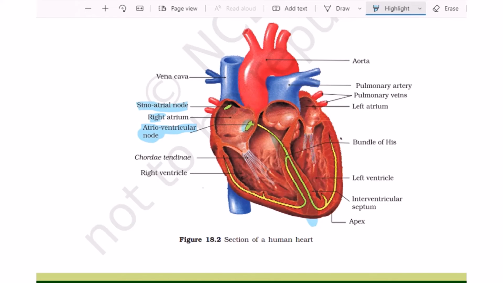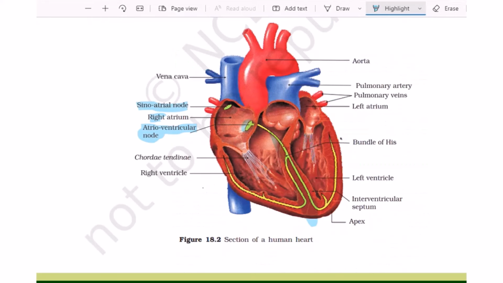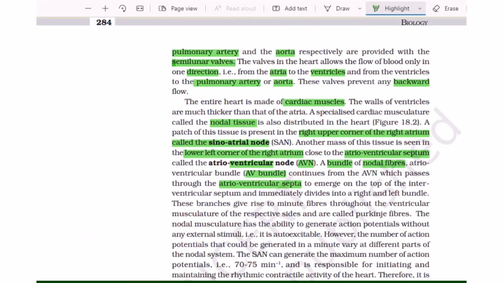So from the atrioventricular node, this AV bundle continues and passes through the atrioventricular septa, right? It's over here, and it emerges on the top of the interventricular septum, and immediately divides into a right and left bundle.